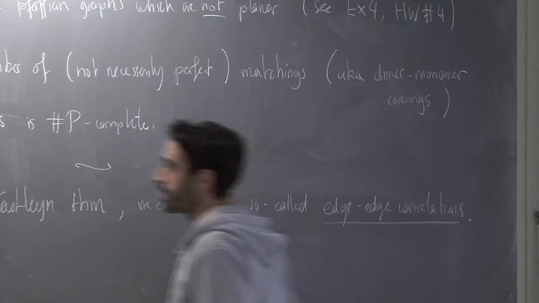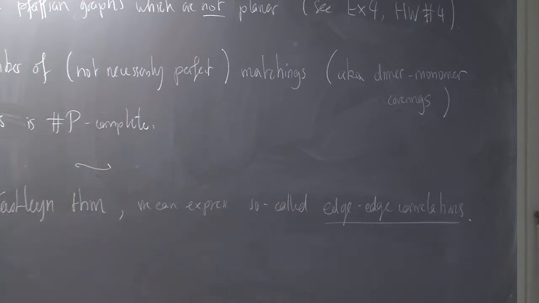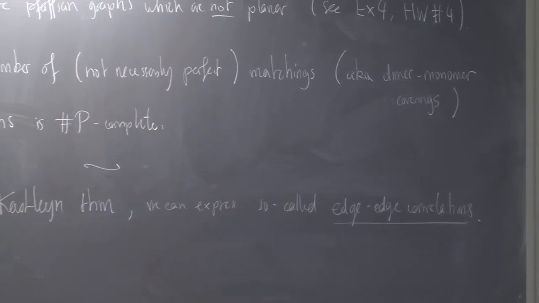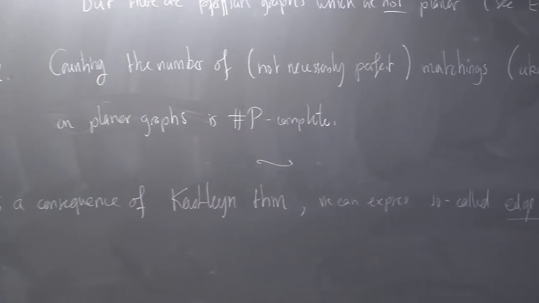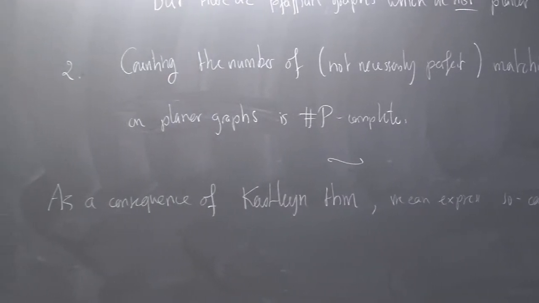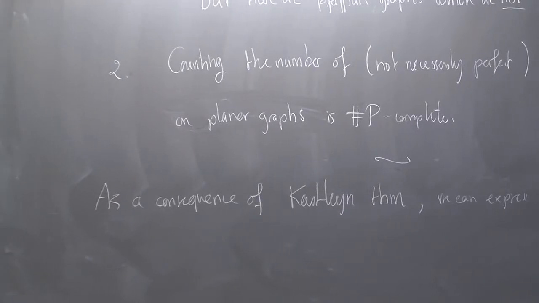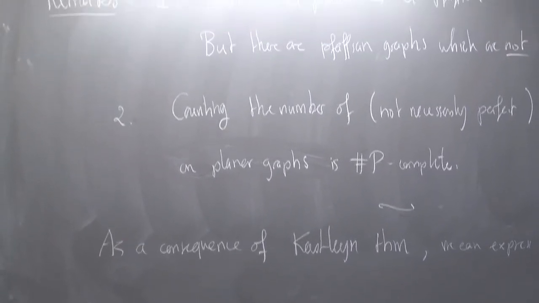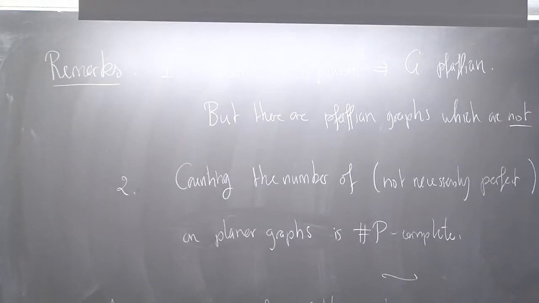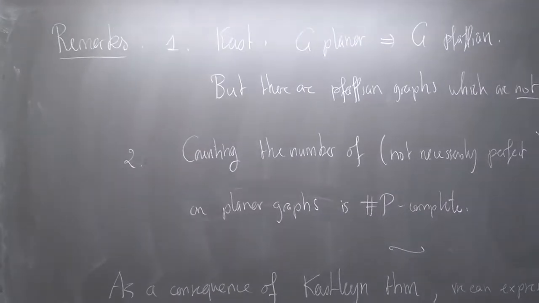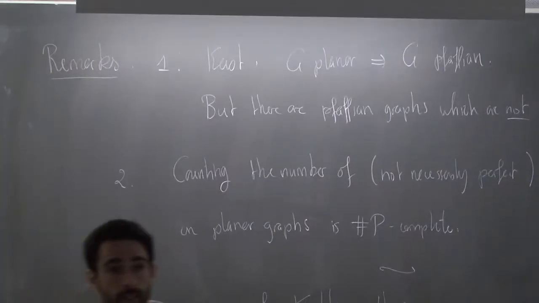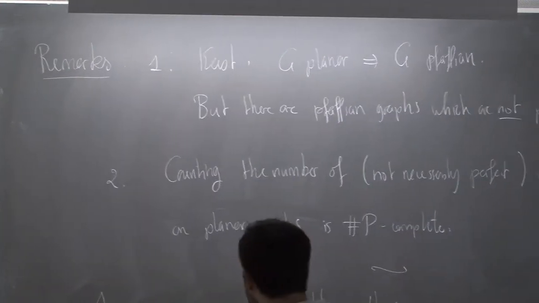So let me define this. I think I didn't do it so far. For those who were at the seminar yesterday, the speaker said at some point that people using Kasteleyn's theorem compute edge correlations, and this is exactly what I'm going to explain now.